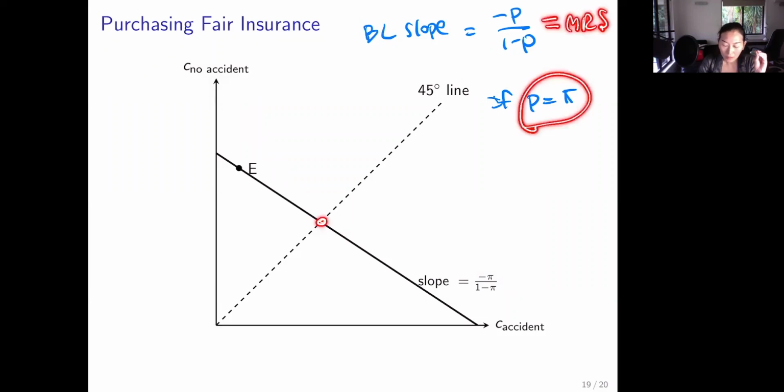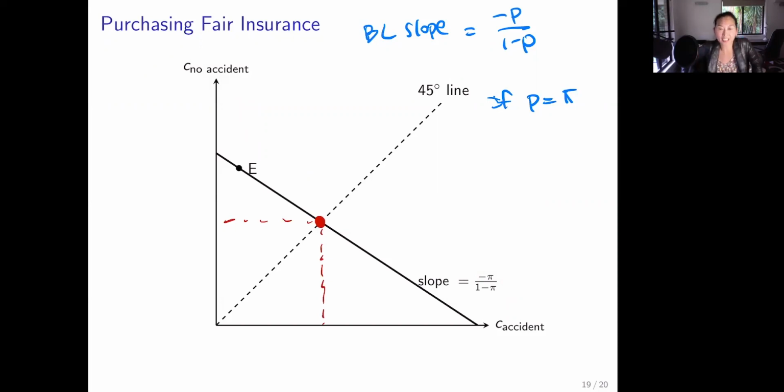So the optimal solution: what is going to happen here is this consumer will just buy the insurance such that C1 and C2 are the same.